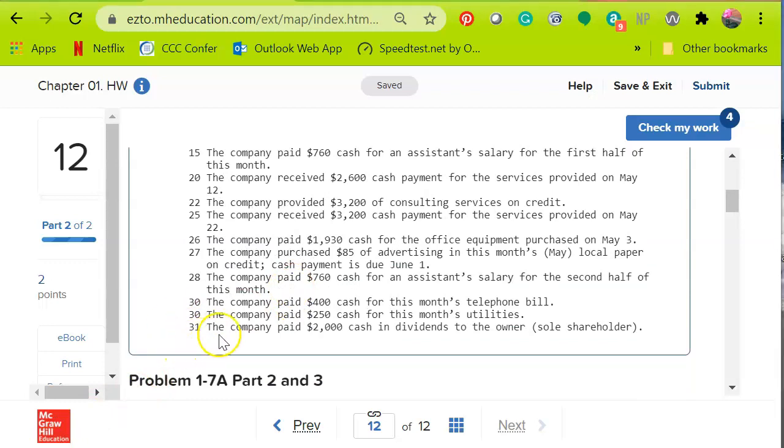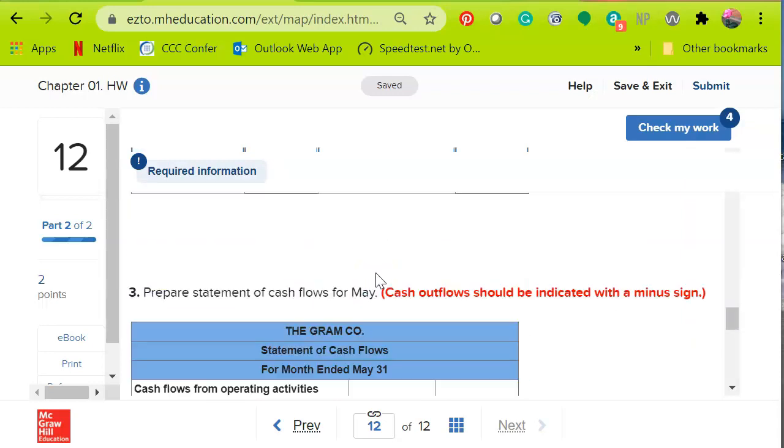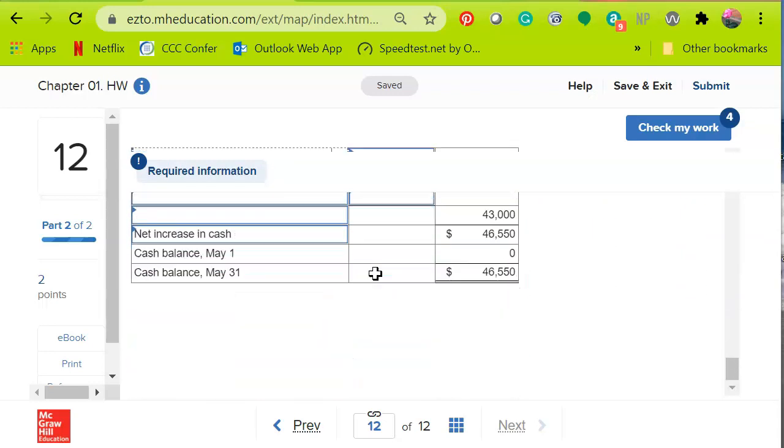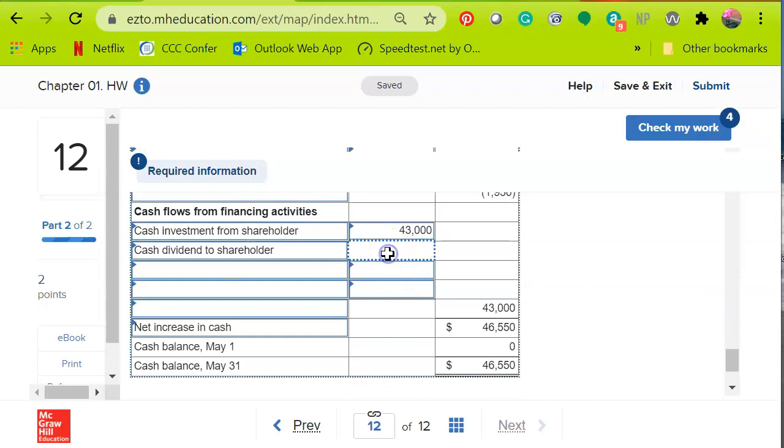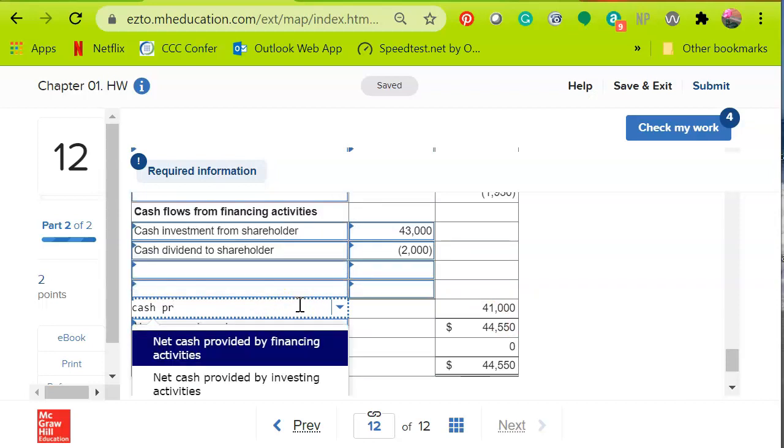Yep, towards the end on the 31st, they paid $2,000 in dividends to the owner. So let's put in $2,000. Again, it's being paid out, so that's a negative $2,000. And the net will be 41, and it's positive, so this will be cash provided by financing activity.